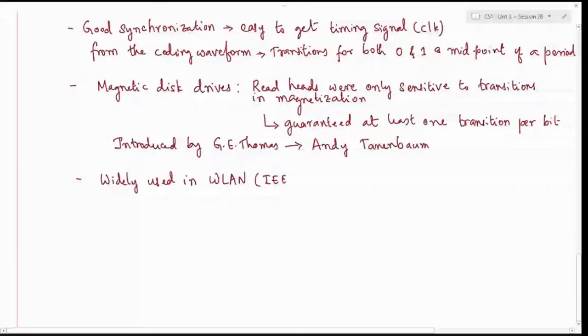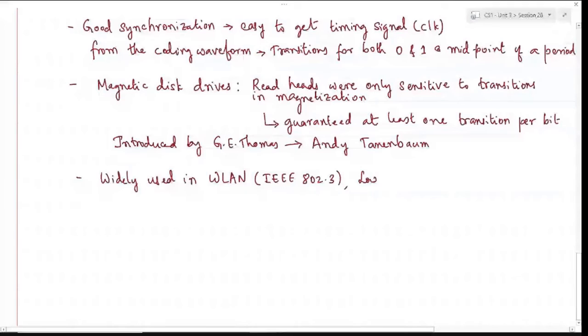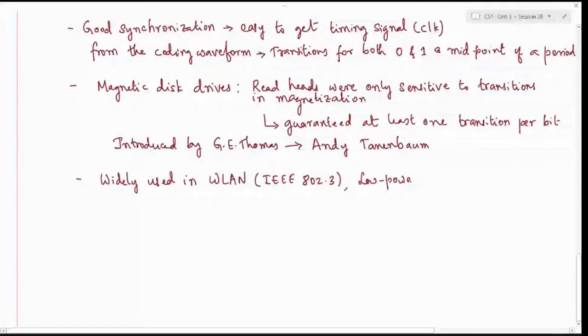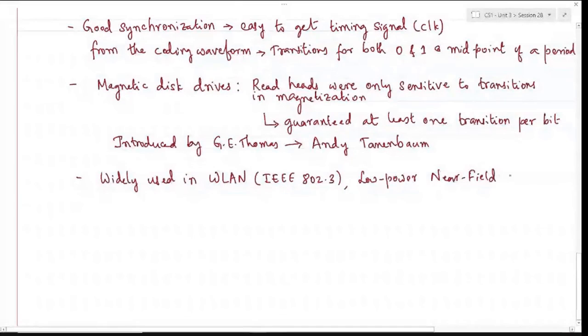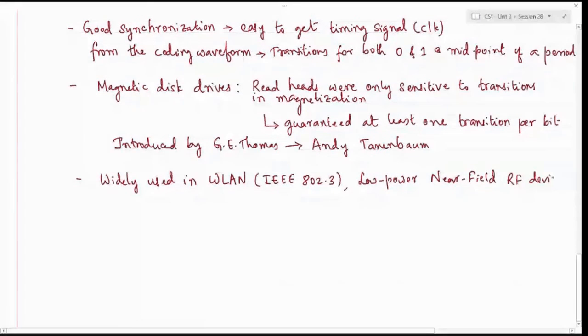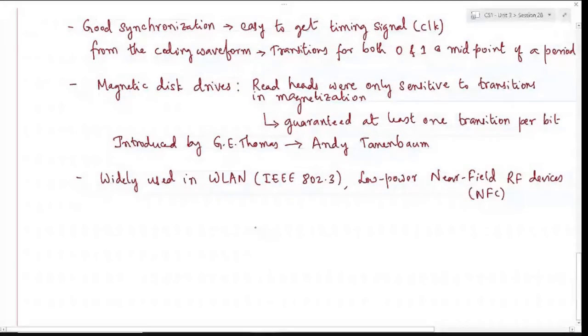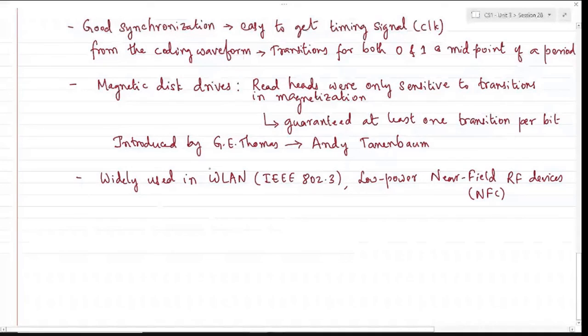Okay, and also in some cases of low power near field RF devices, which use the technology of NFC, near field communication. So even those devices make use of such a coding scheme, because actually you can extract the clock signal using any good receiving technique such as PLL.